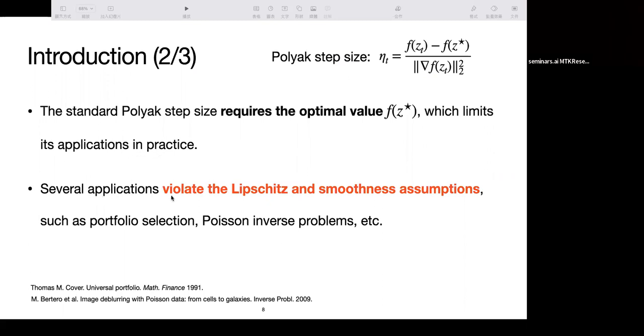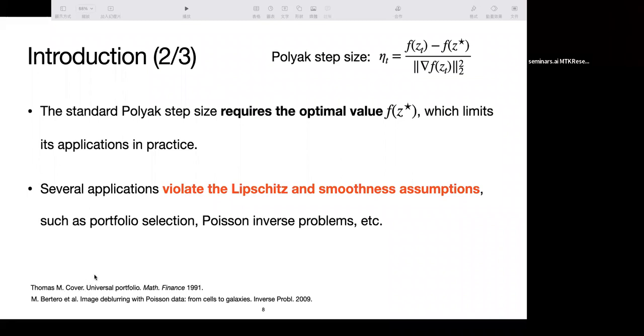And several applications violate the Lipschitz and smoothness assumptions, such as portfolio selection, Poisson inverse problems, and so on and so forth. And I will not go through the formulas of these problems. The audience can read these two papers for further details.